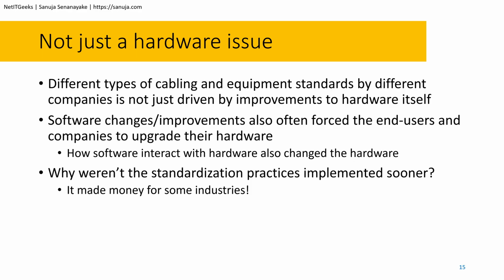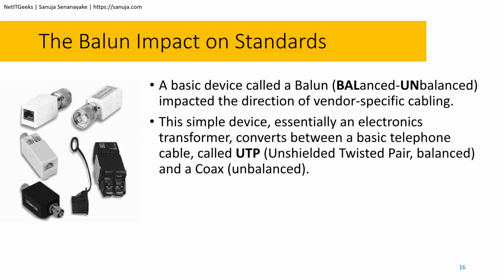From a cabling point of view, if you are a cabling manufacturer, every single time an organization or entity changes their mainframe equipment and all the other equipment, they have to put new cabling in, and again, that makes money for the cabling industry. So as a result, the standards weren't implemented sooner. Basically, you can't mix and match, right?